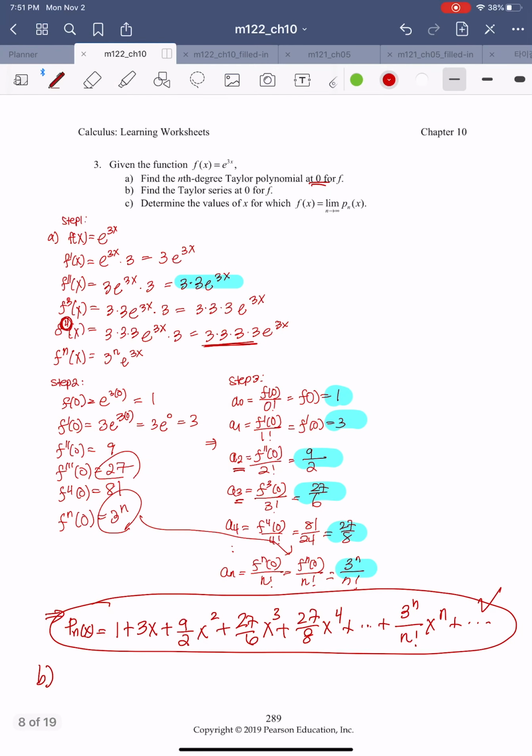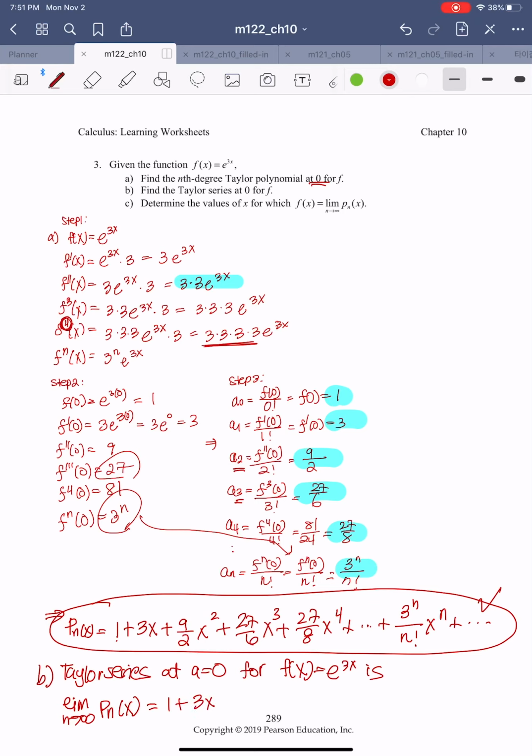So part B, the Taylor series at a equals 0 for f of x equals e raised to the 3x is very simple. The limit as n goes to infinity of p sub n of x. Okay. So if you take the limit, the first term has no n, so it's going to remain the same. So basically, same thing.